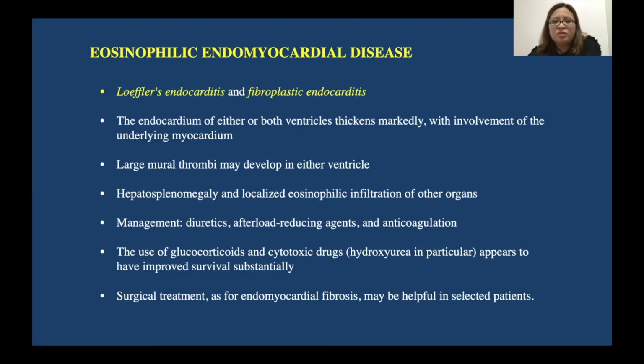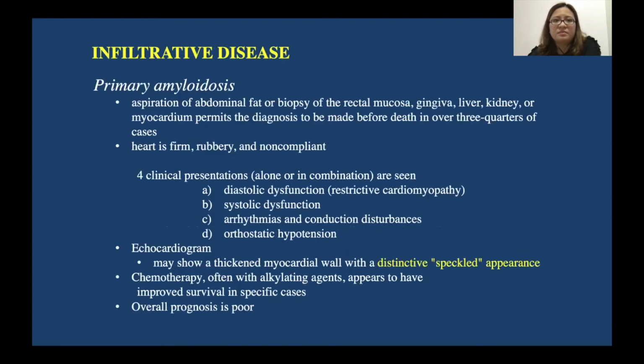Management includes use of diuretics, afterload reducing agents, and anticoagulation. Use of glucocorticoids and cytotoxic drugs, particularly hydroxyurea, appears to have improved survival substantially. Surgical treatment may be helpful in selected patients.